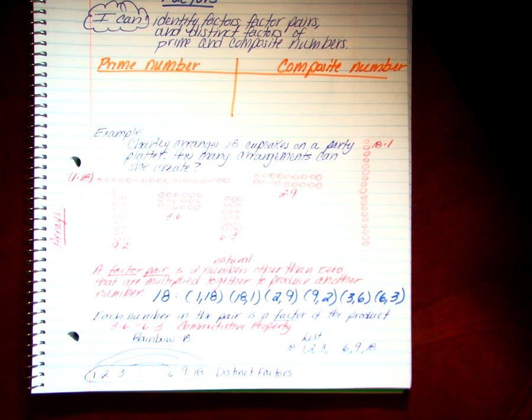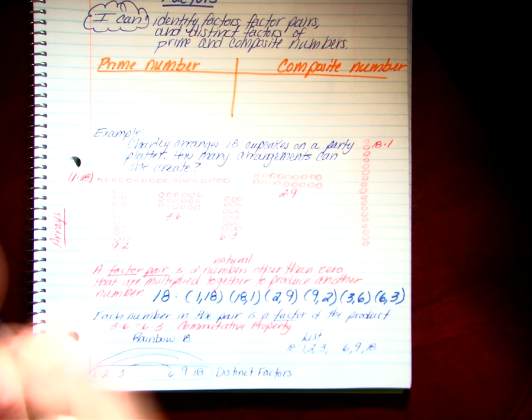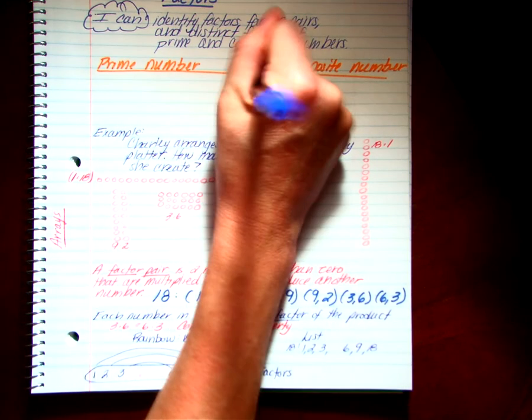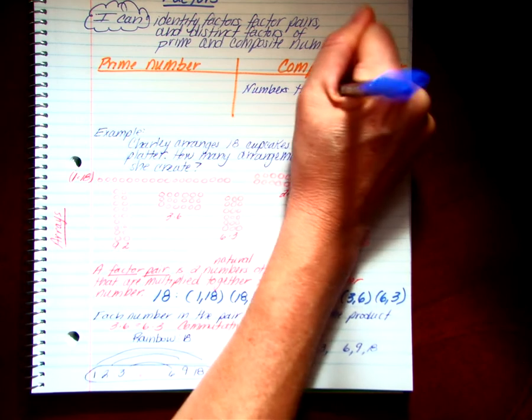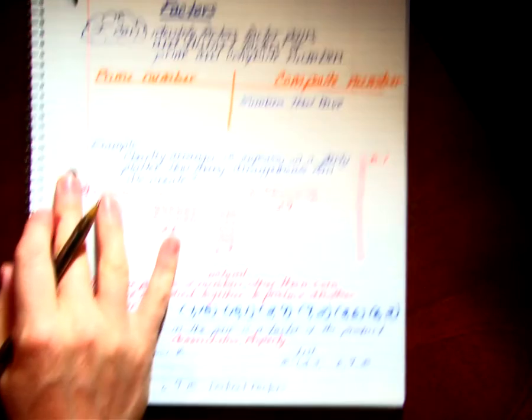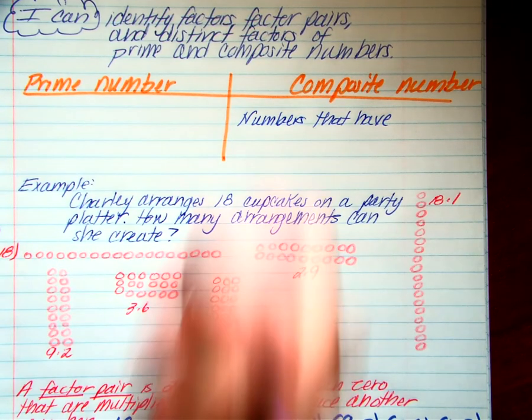So, what is a composite number? Composite numbers are numbers that have more than 2 distinct factors. Numbers that have, I'll zoom in for you, more than 2 distinct factors.